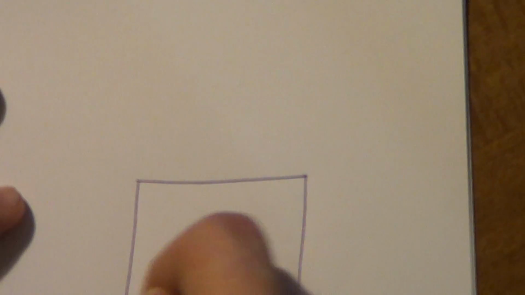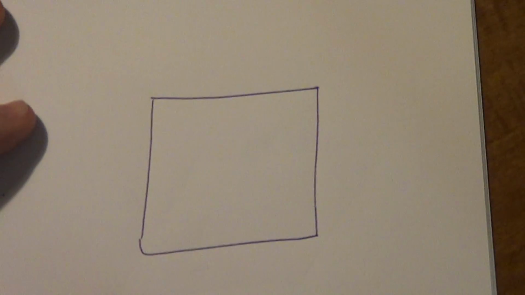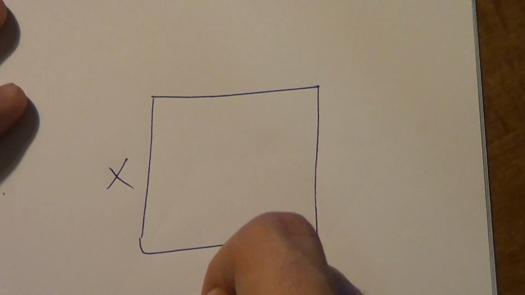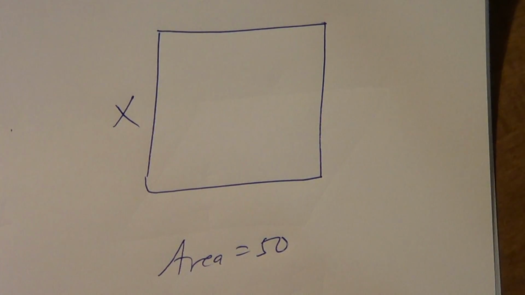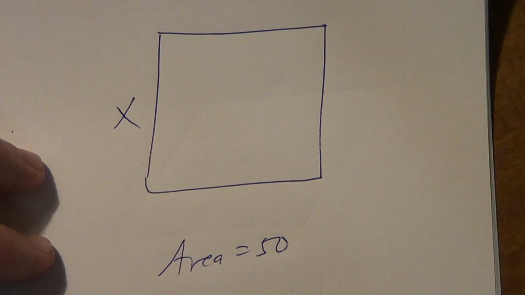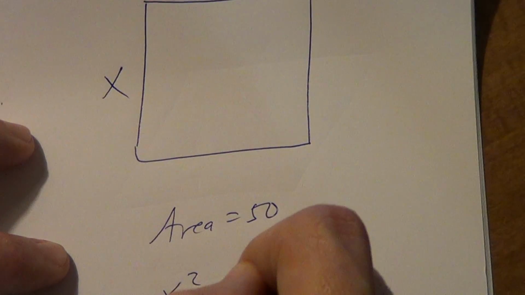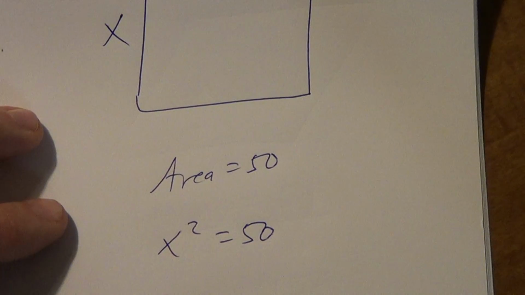All right, last one, a square. All right, it said this was x and the area was 50. Okay. All right, well, how do we find the area of a square? Length times width, base times height, x squared. Side squared, so x squared equals 50.